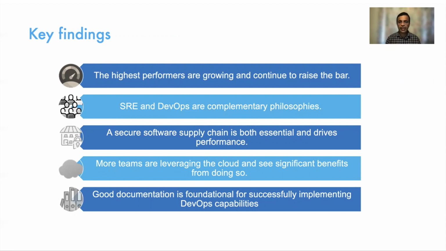Similarly, SRE, a term coined by Google, is now getting a lot of attention, and everybody has started using SRE in their production readiness and preparedness. SRE and DevOps are not competing, they are complementary philosophies. So they highlighted that fact.